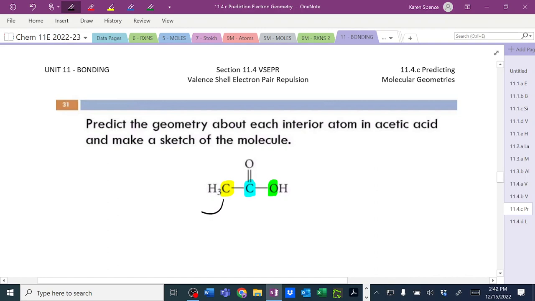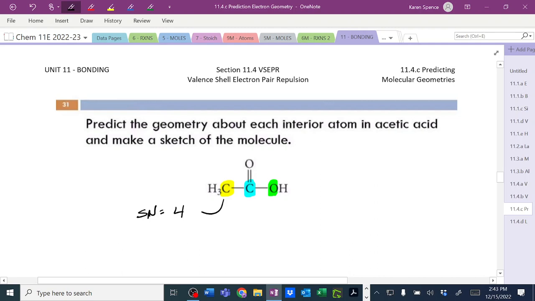Carbon, steric number. They matter in that they repel more, and so they make the bond angles somewhat less than whatever. What's the steric number of that carbon? 4.